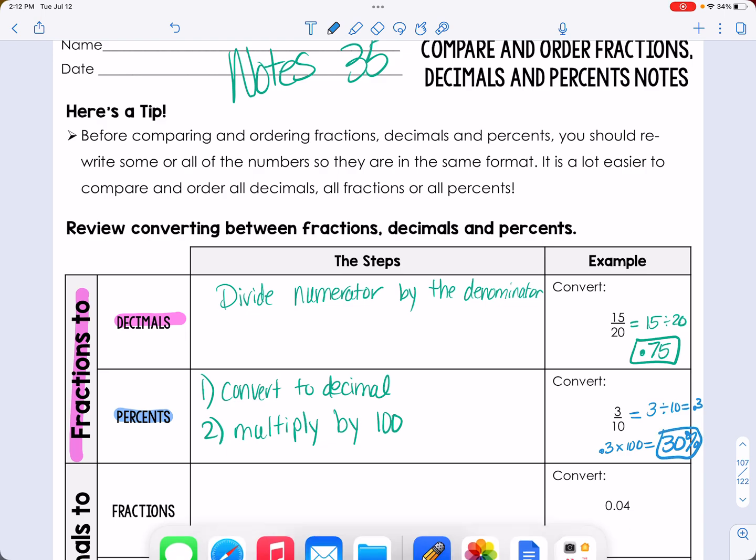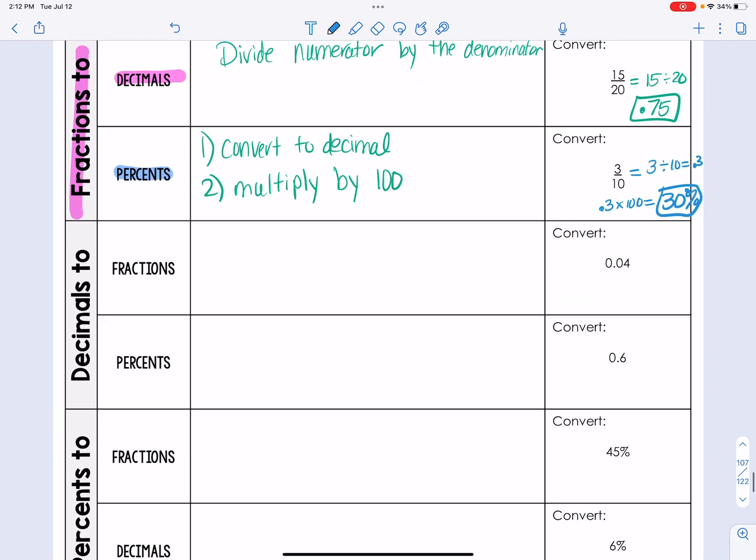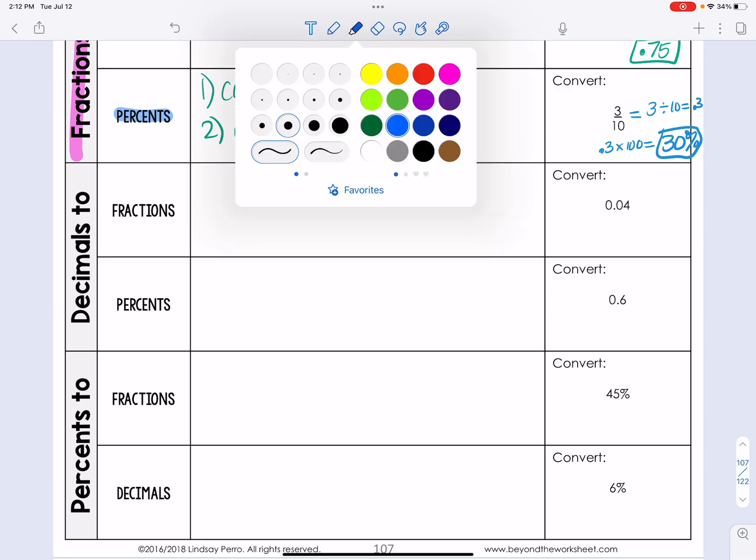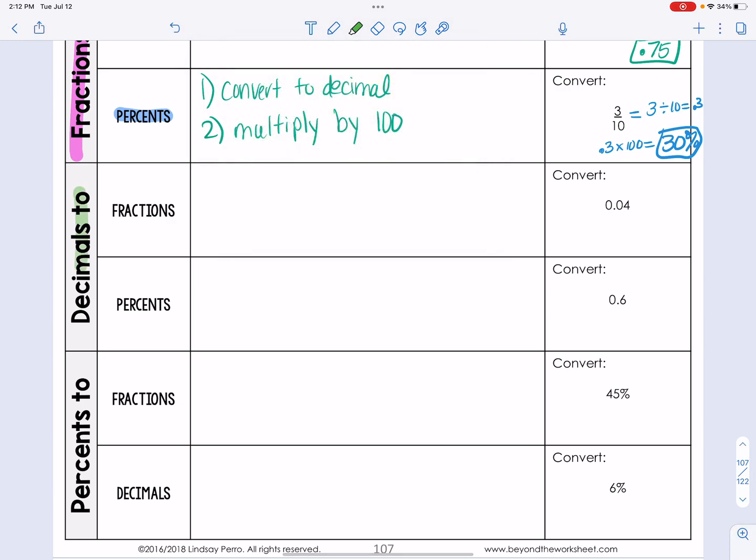Okay. So the next one we're going to do is start with decimals, and if you're going to go to a fraction, you're going to write the decimal over the whole number as a place value.